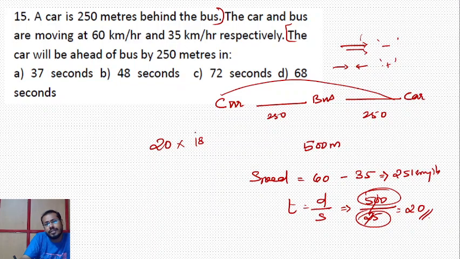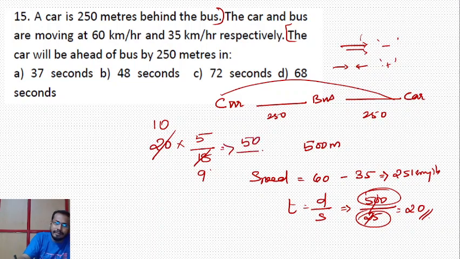We need to convert to seconds, means 5 by 18. It's not possible. 20, 18 by 5.